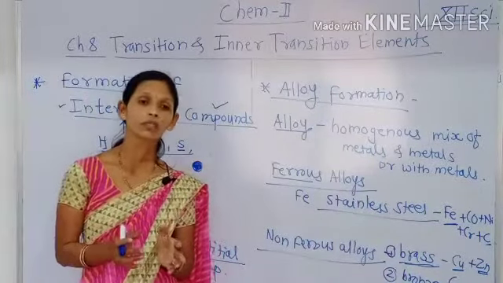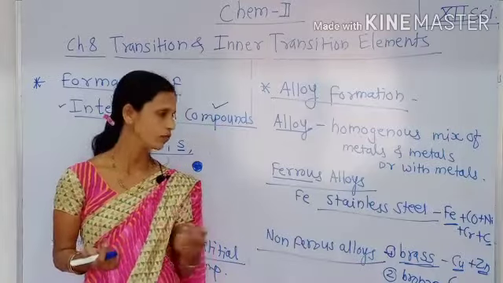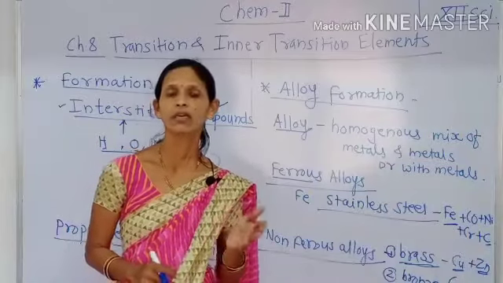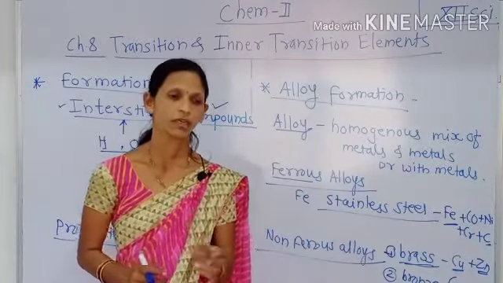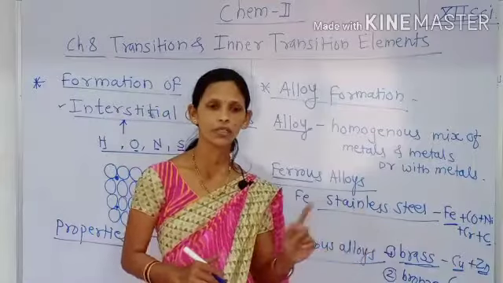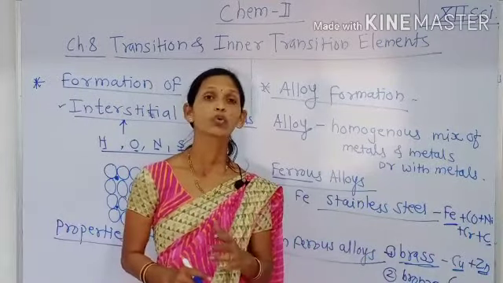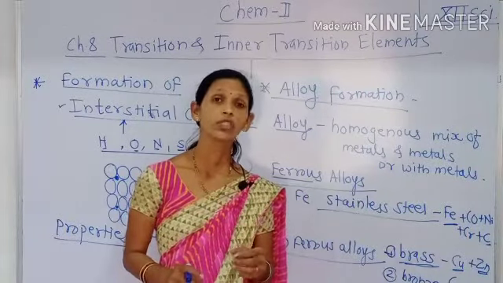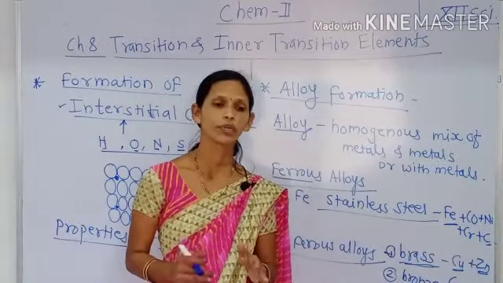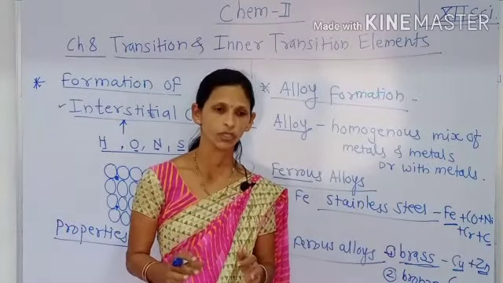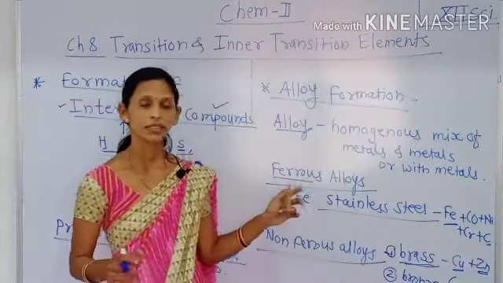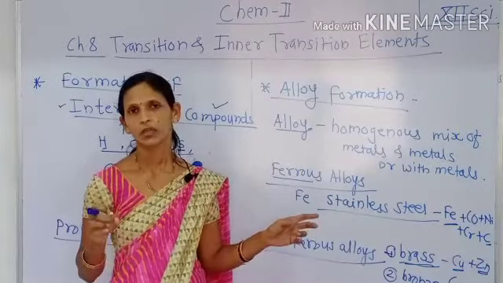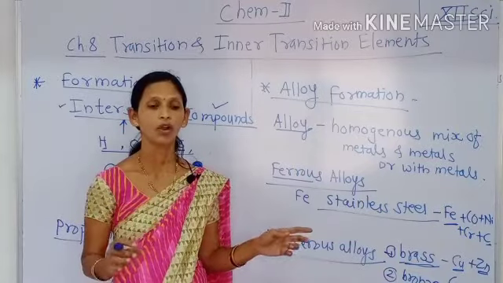In bronze, the alloy of copper and tin, the properties of the original transition metal change. Bronze becomes tough, strong and corrosion resistant, but copper is soft and undergoes corrosion. As the properties of the transition metal are enhanced during alloy formation, these alloys are used.